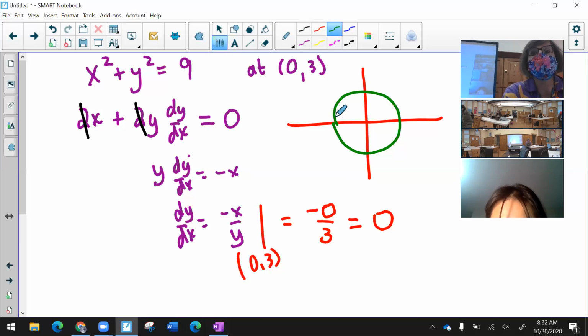So where is (0, 3)? On the y-axis, right? It's right here. What does the derivative mean again? The slope of the tangent line. What does the tangent line look like at (0, 3)? Right, it's horizontal. And what is the slope of a horizontal line? 0. So it kind of all fits together.